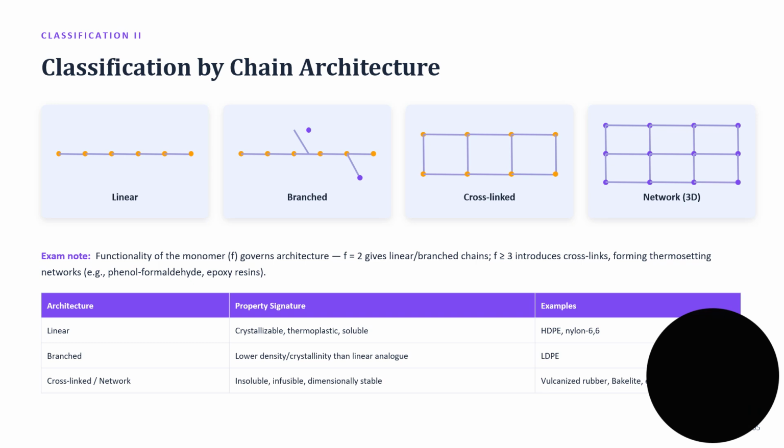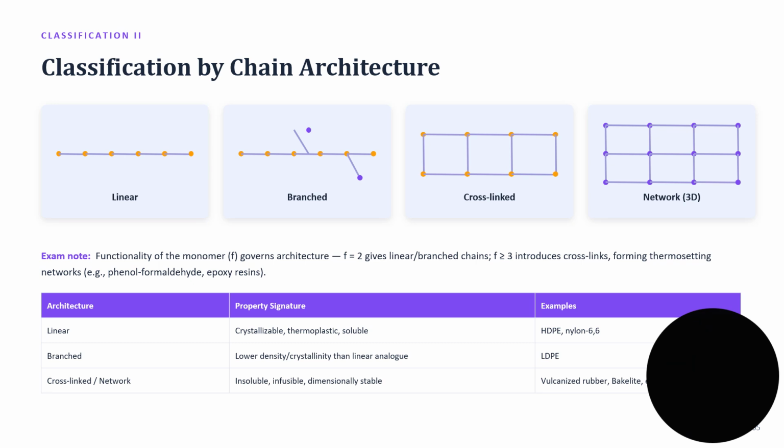Branched chains have side chains coming off the main backbone. Cross-linked structures have occasional covalent bridges connecting different chains. A network is a three-dimensional structure, densely cross-linked in all directions. Here is the key exam insight. This architecture is directly governed by the functionality of the monomer that we discussed earlier.